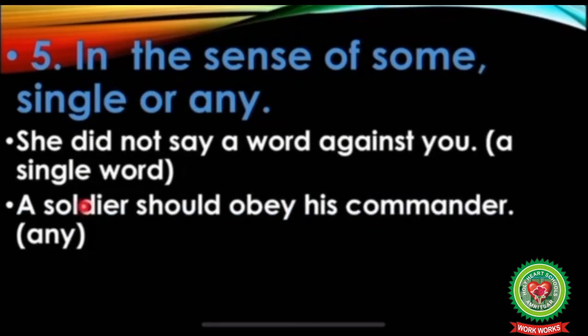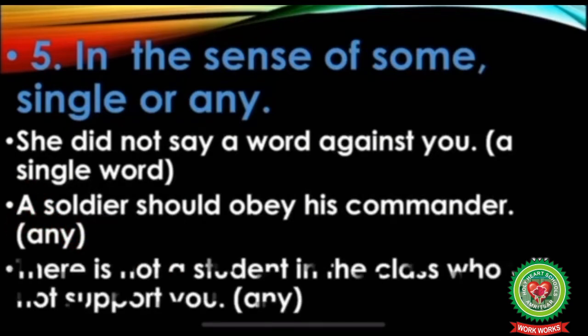A soldier should obey his commander. So it means any soldier should obey his commander. So instead of this, we are writing article a before soldier. There is not a student in the class who will not support you. So we are talking about not a single, not any student in the class. So instead of writing any, we will be using article a here that would denote the word any.